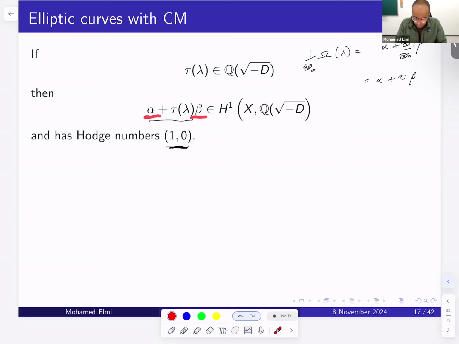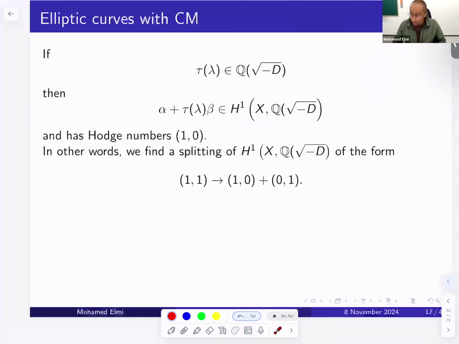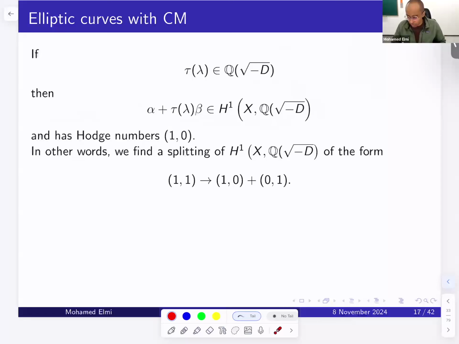These are integral classes, but you have to use coefficients in this extension of Q. So it's almost the same problem, but not quite. It's a relatively minor difference. I think the techniques you would use to study one are the same as you would use to study the other.